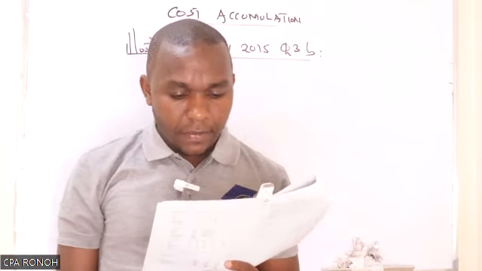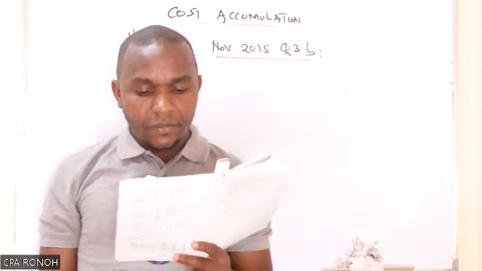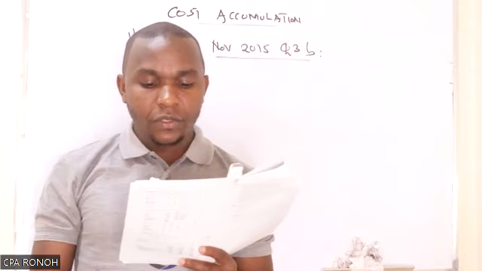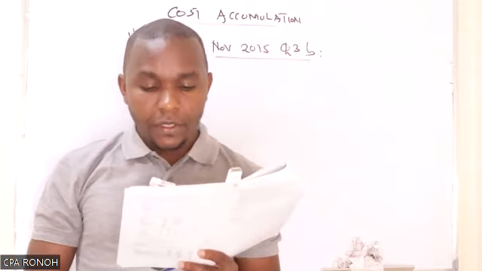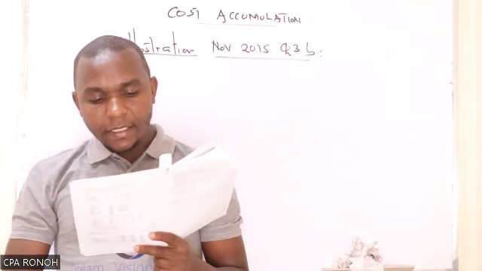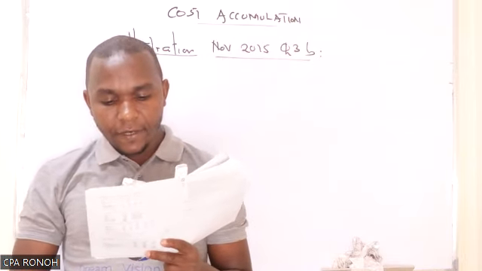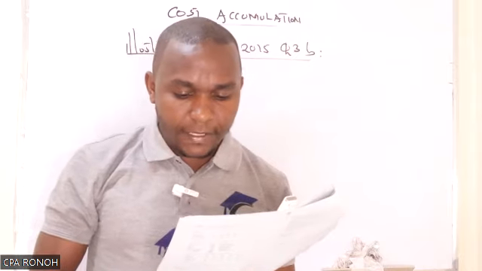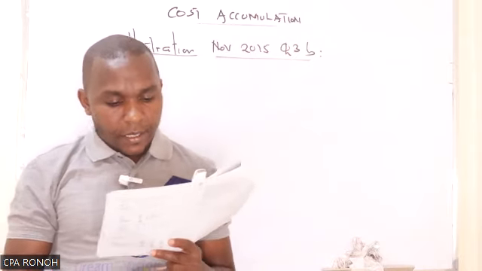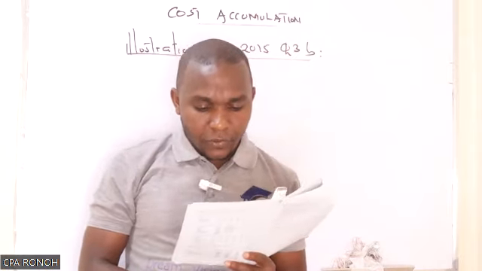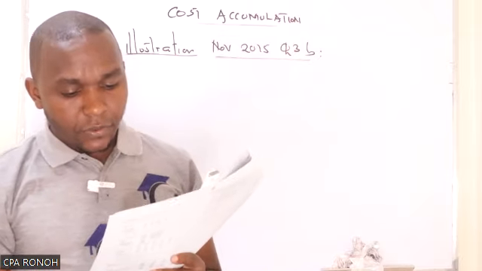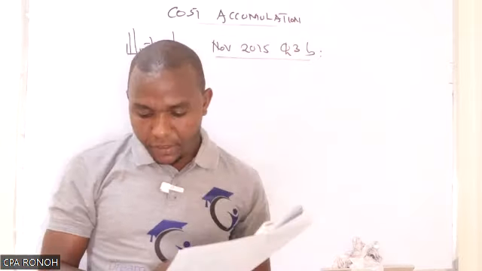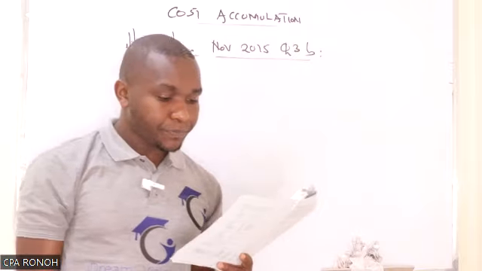Then number 6: on 28 July 2015, there was a shortage of 20 units. Kenner Store uses the first in, first out method to value its inventory. Required: a store ledger card for Kenner Stores for the month of July 2015.